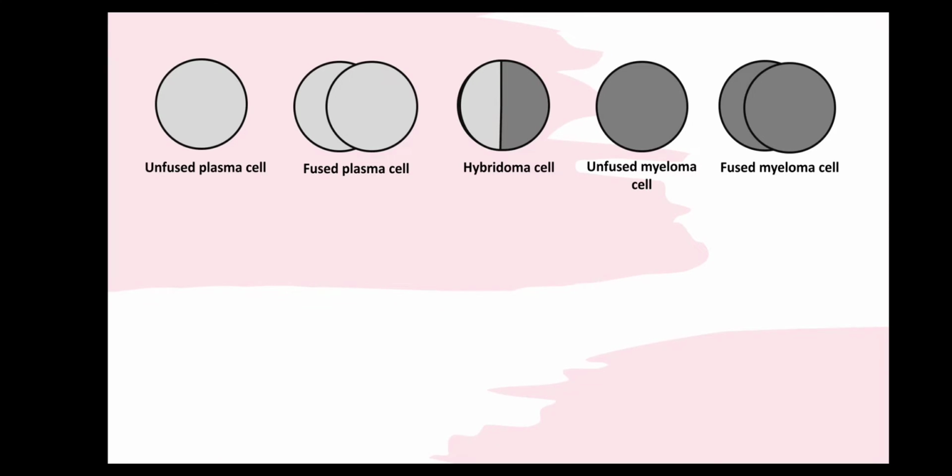Now let's see how to differentiate hybridoma cells from these different types of cells. One thing is for sure here, we do not need to kill unfused plasma cells and fused plasma cells because they have a short lifespan, so automatically after a short time they will die. So only three types of cells are left now: unfused myeloma, fused myeloma, and hybridoma cells.